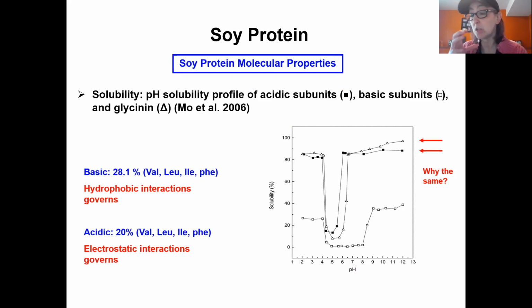Therefore, because the surface of the protein is mostly dominated by the acidic subunits, the solubility of that protein will basically resemble the solubility of the acidic subunits, because in that fraction of the glycinin, the acidic subunits are mostly on the surface. Okay, so that is the reason why the glycinin fraction resembles the solubility of the acidic subunits within this fraction.